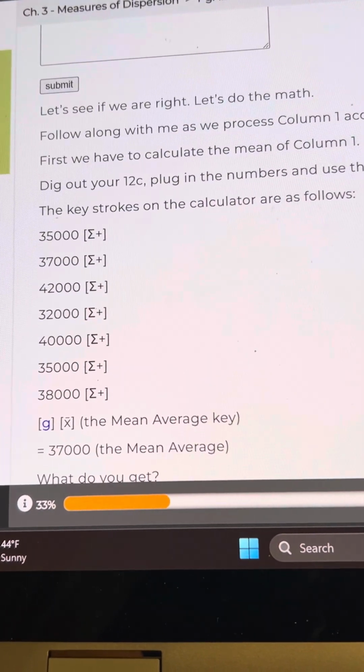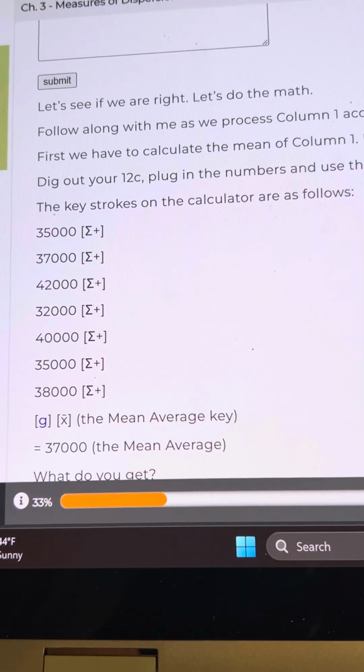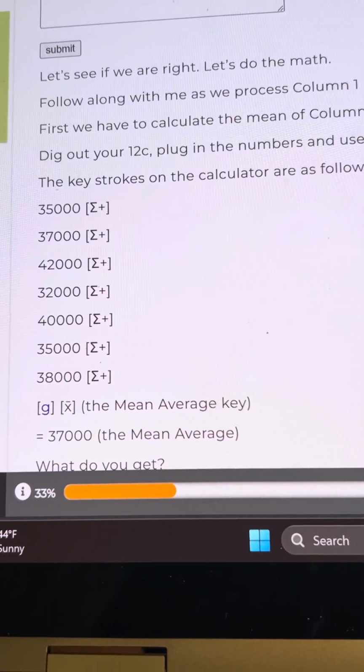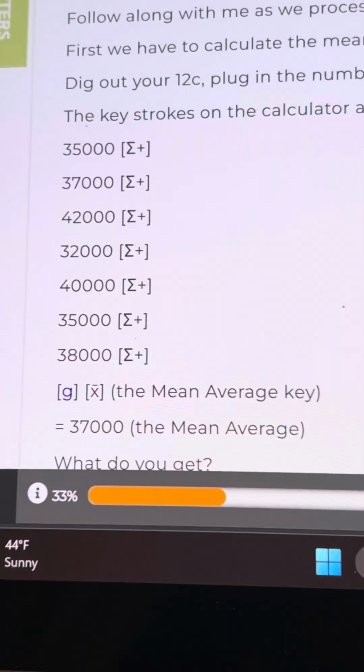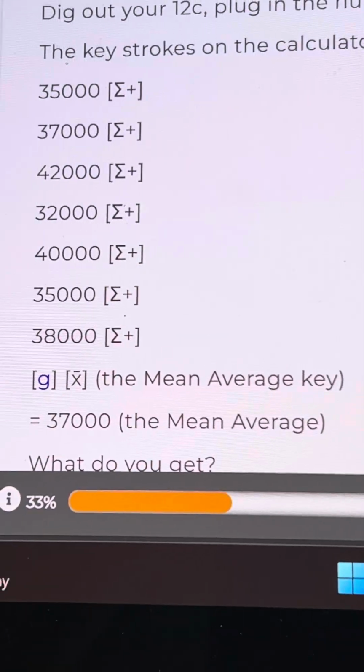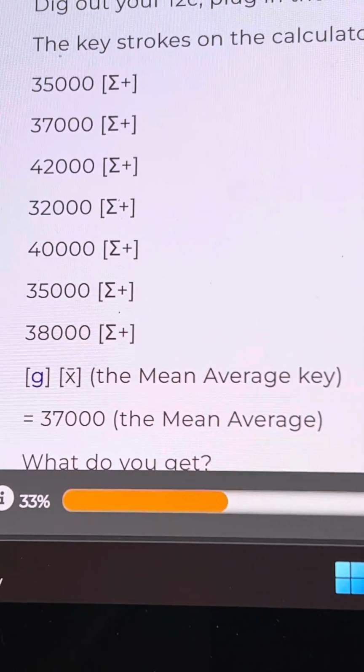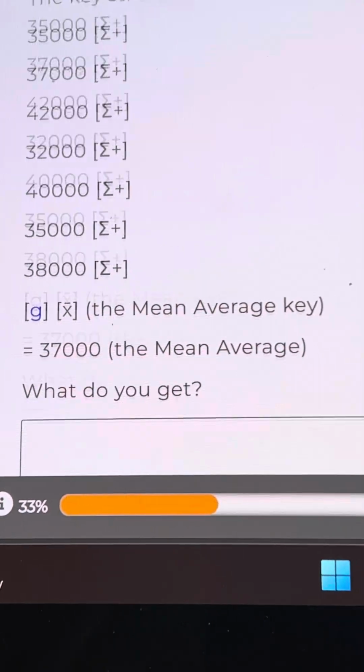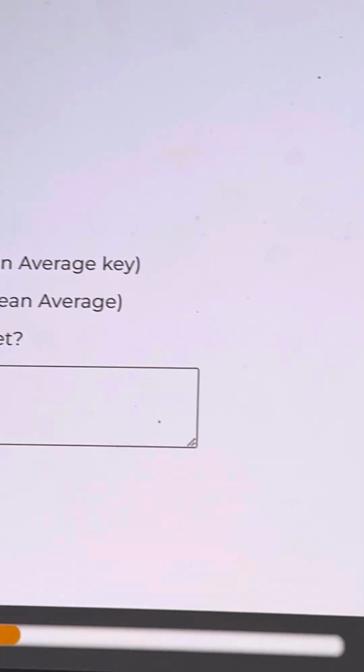Then you hit the blue shift button, G, and then you press the x-bar button, which means the mean average key. That equals 37,000, the mean average. What do you get? End of page.